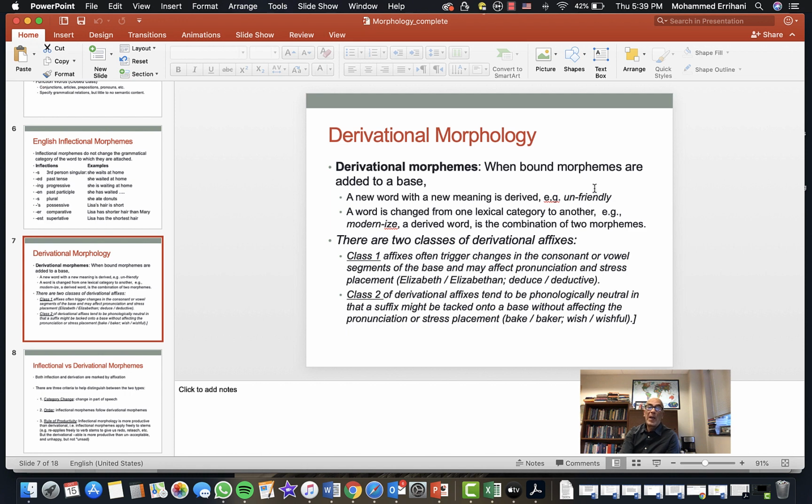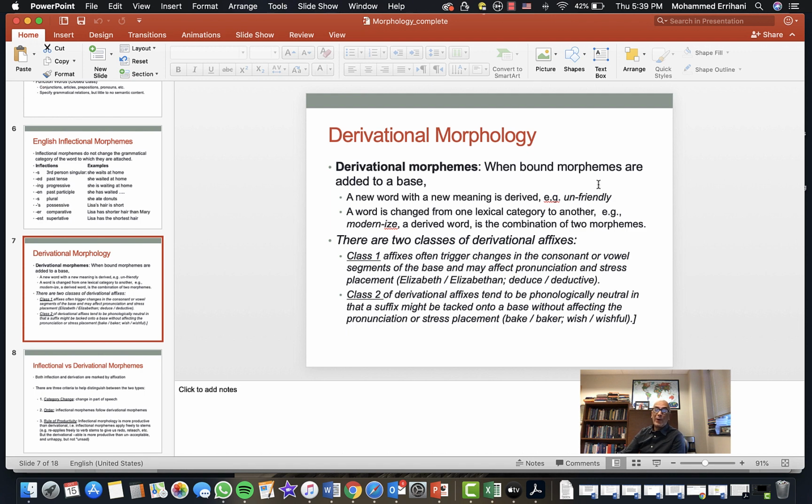When you add a derivational morpheme to a root, the word itself changes either its meaning or its grammatical category. And so a new word with a new meaning is derived.